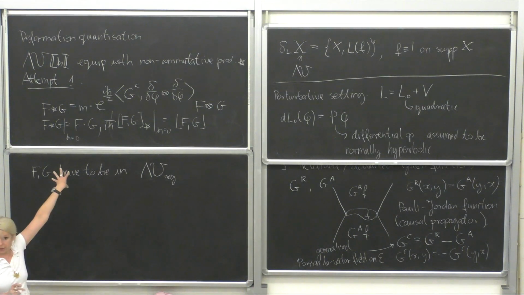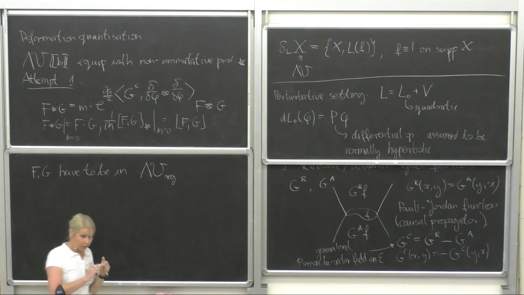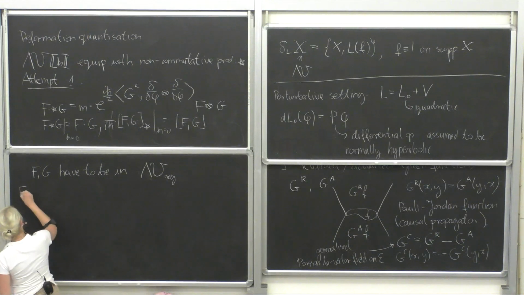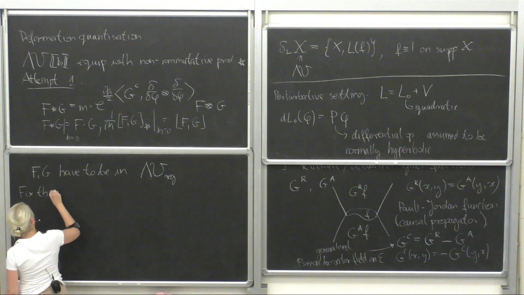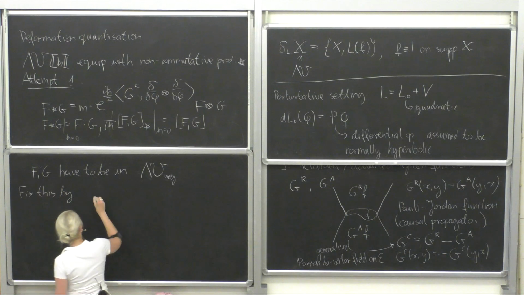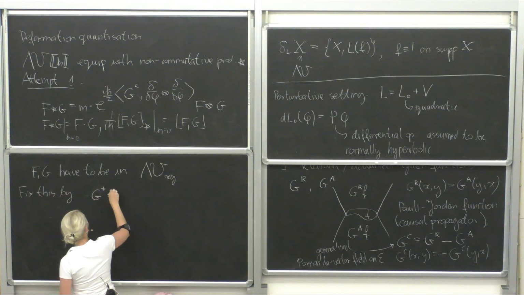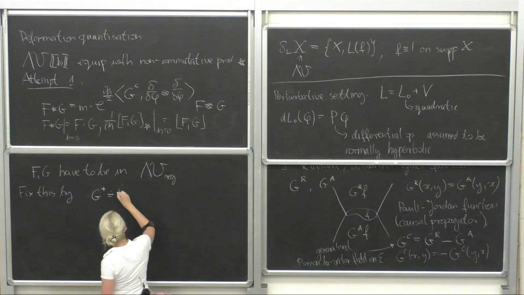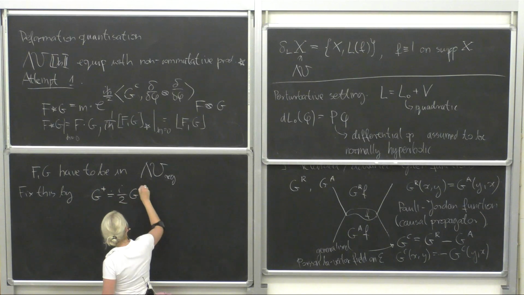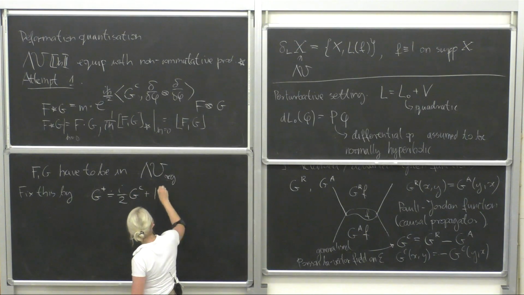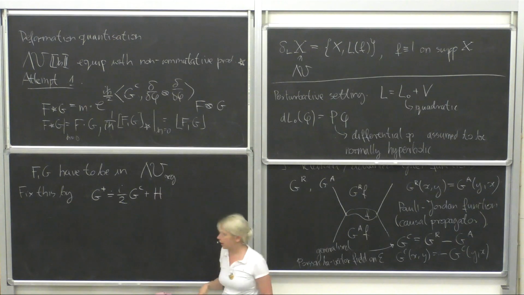So one can fix it. One can fix it by modifying this integral kernel in the exponential a bit. So fix this by the following. Let's define g plus as I half gc, so this is what we had before, plus some symmetric part h.